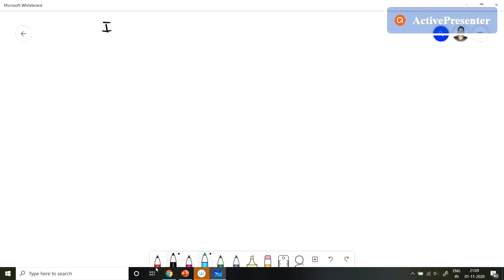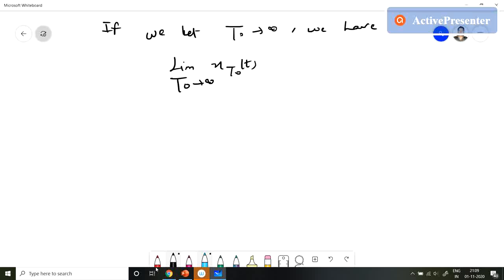Now, if we let T naught tend to infinity, that is, the time period tends to infinity, then x_T0(t) is equal to x(t) only. Please understand that if the time period T naught tends to infinity, it is equal to x(t) only.